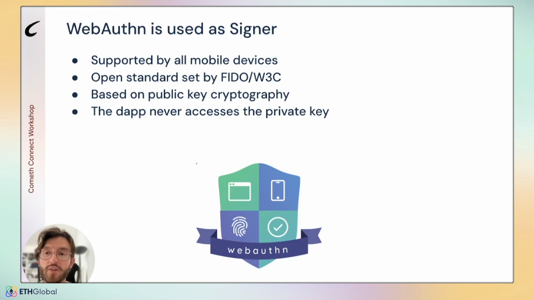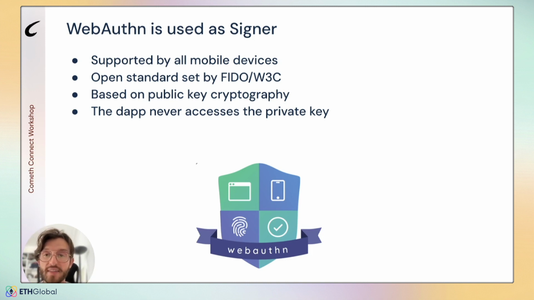Now, a bit of an overview of WebAuthn. It's an open standard that was set by FIDO. It's supported by all mobile devices. It's based on public key cryptography. And the idea is that when you create a private key using WebAuthn, the private key is created in the secure enclave of your device.